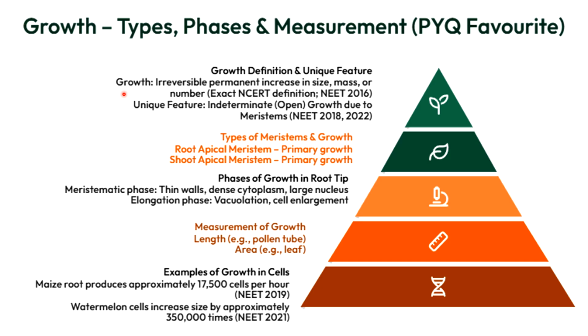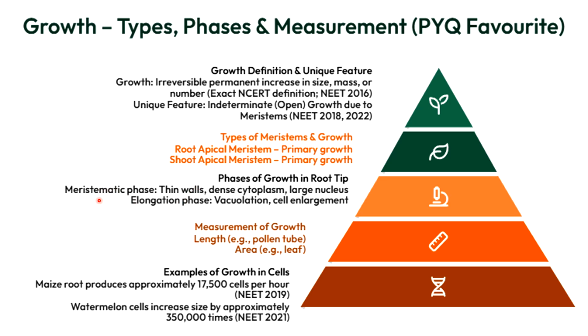Okay, so let's look into the next topic. Now the second topic is growth types, phases, and measurement. Mostly questions are asked from the definition of growth, and why growth is called indeterminate and open. Then the different types of meristems, that's another favorite, like primary meristem and secondary meristem.